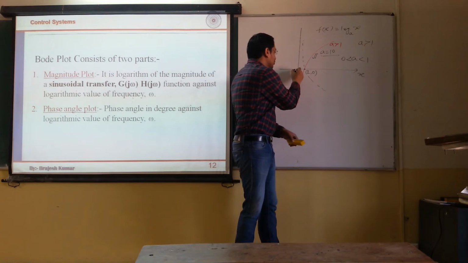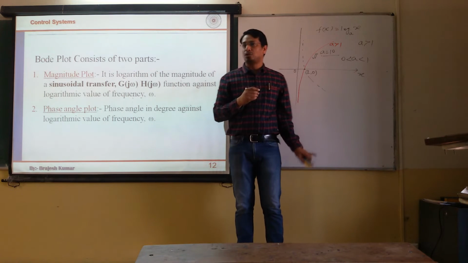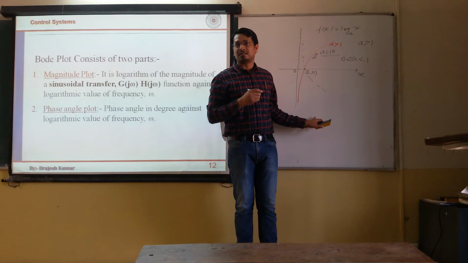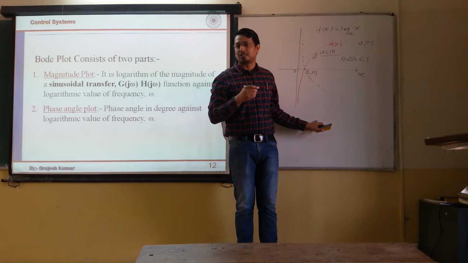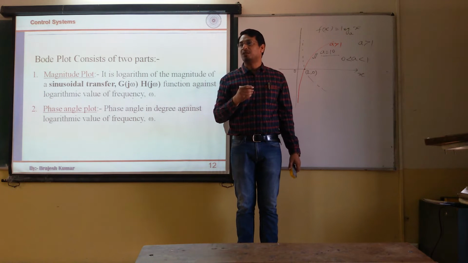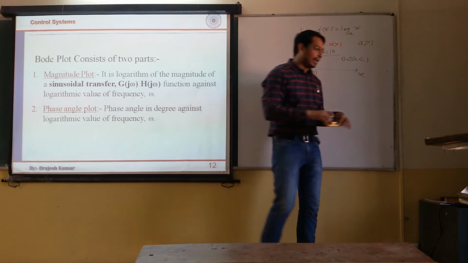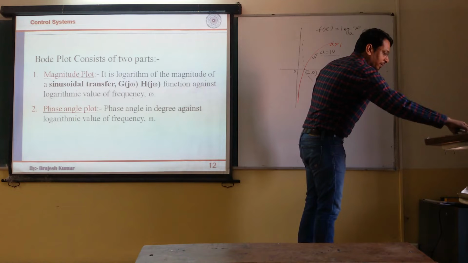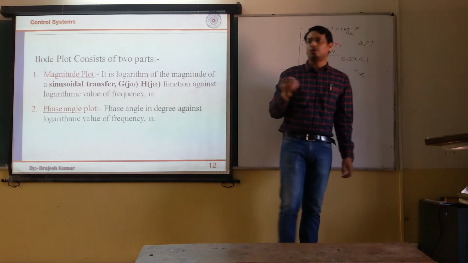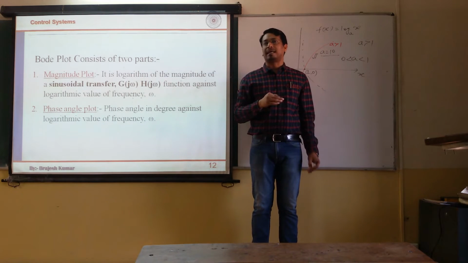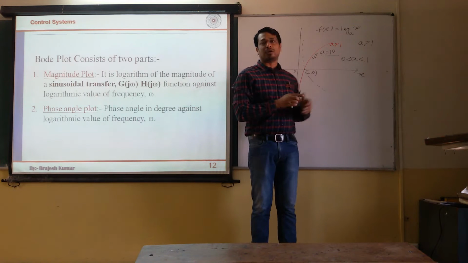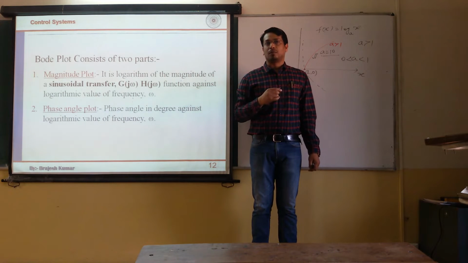So when x tends to 0, just by seeing this graph you can say log of x will tend to minus infinity. At x equal to 0, you will not be able to plot the graph of log x, or you can say the graph of this Bode plot.